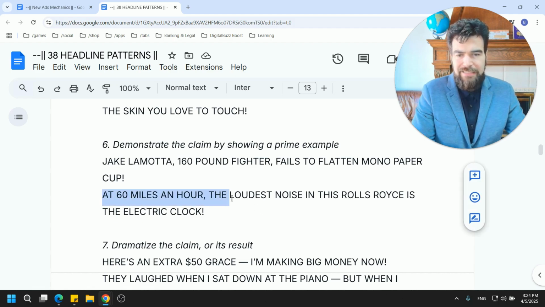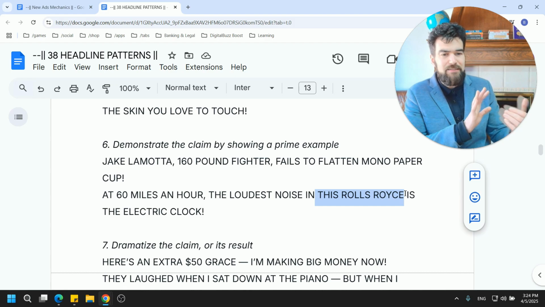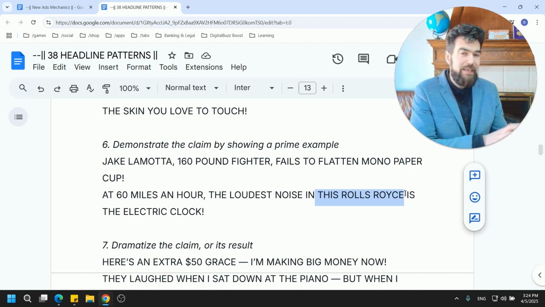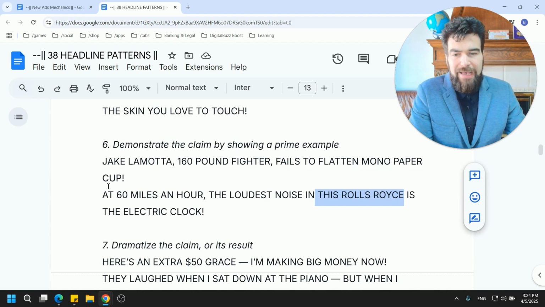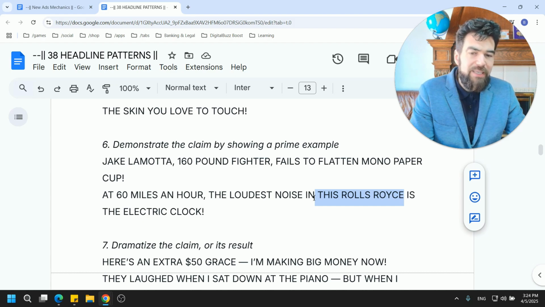And basically the claim is that the Rolls Royce is very easy and doesn't make much noise. And the example is that even when the car is driving at 60 miles an hour, the only thing that you're going to be hearing is the electric clock, which is very silent. So it is giving an example.